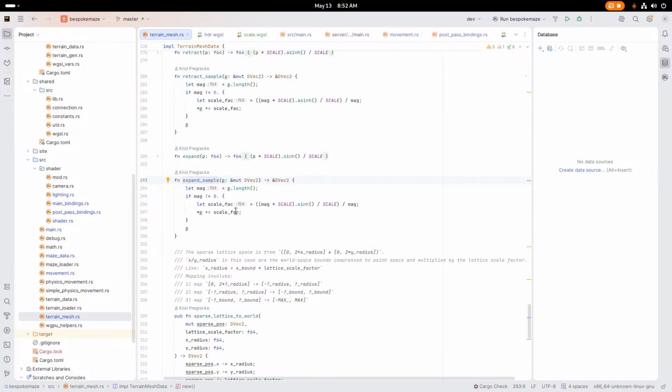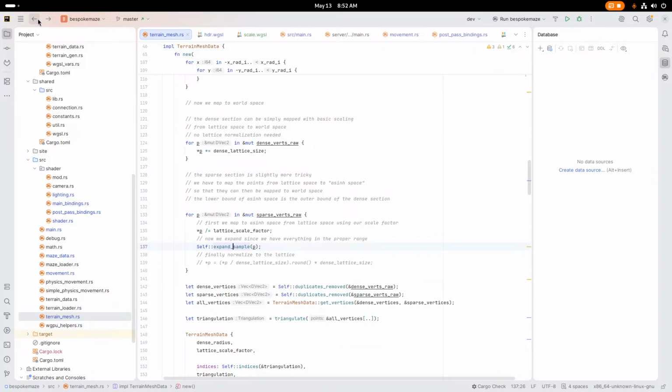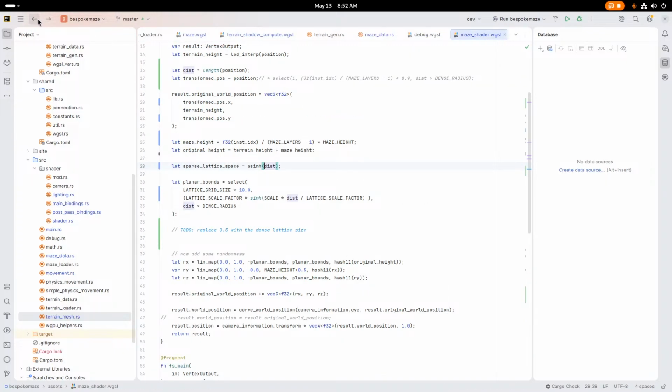Expand. We want retract sample. Oh, okay. It's literally the same. So it's... Yeah. And you divide by scale. Times scale. Okay, wow. That's really weird how that works. Times scale divided by scale.